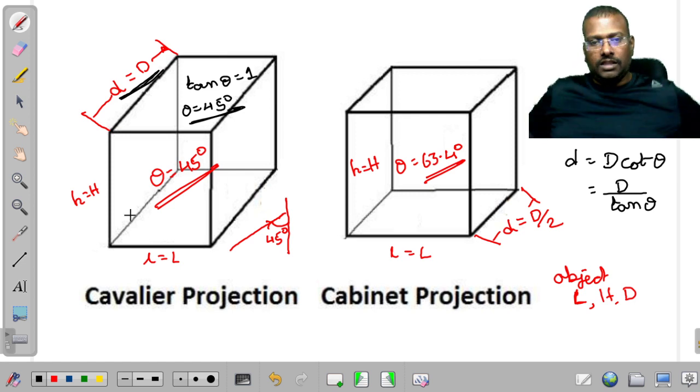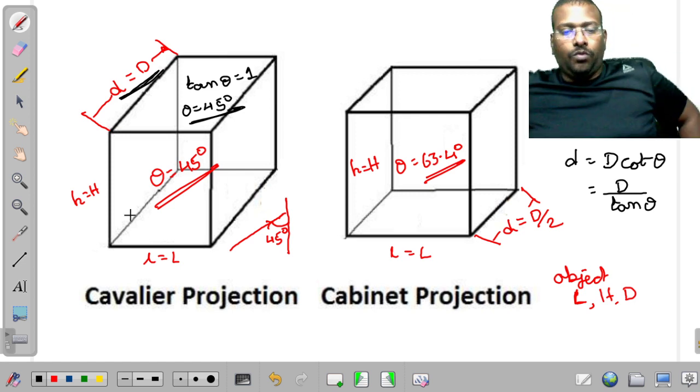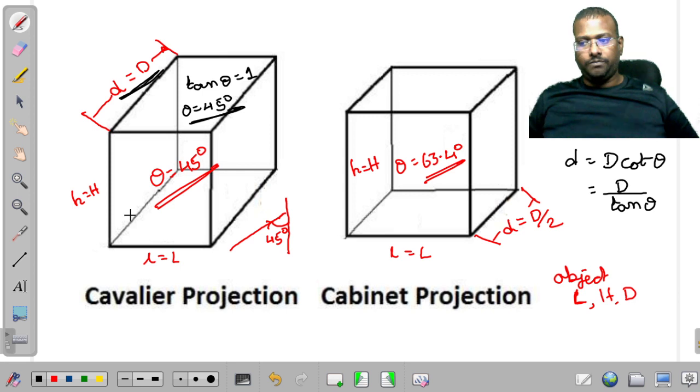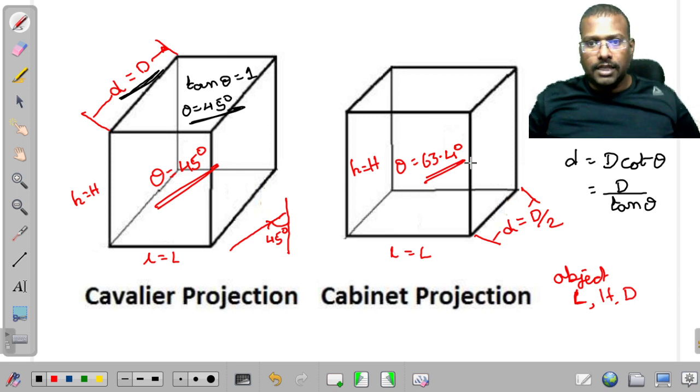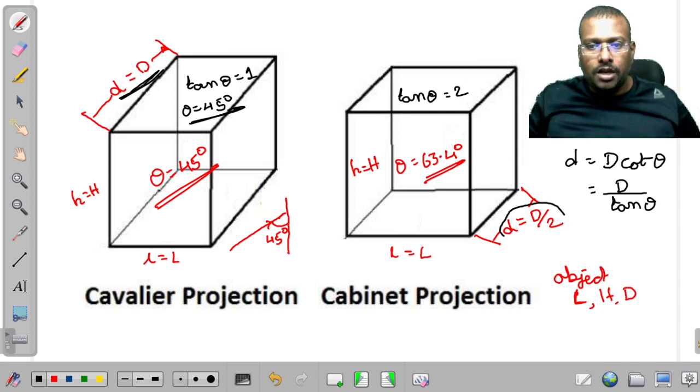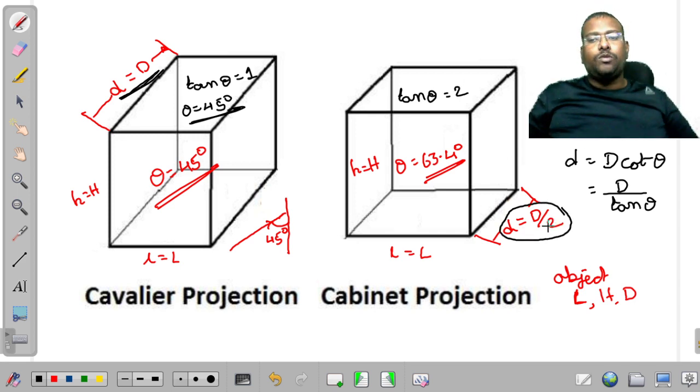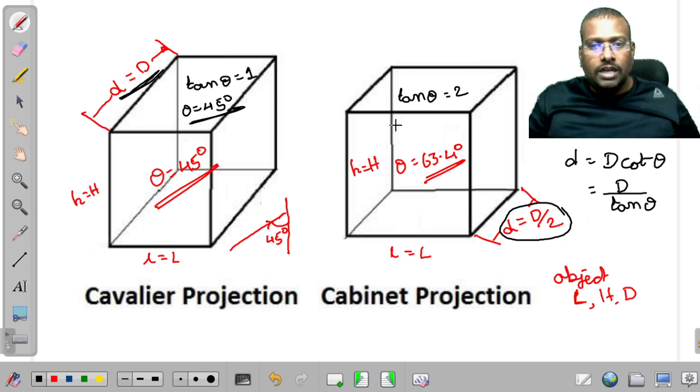Therefore, whenever theta is equal to 45, we get Cavalier projection. What about cabinet, sir? Very simple: tan theta is equal to 2, because small d is equal to capital D divided by 2, so the denominator is 2. Therefore theta is equal to tan inverse 2.